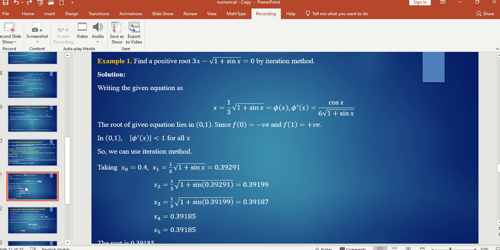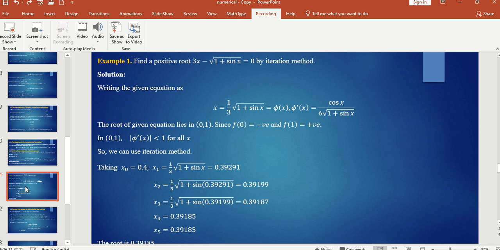First write the given equation as 3x equal to root of 1 plus sin x, or x equal to 1 by 3 into root of 1 plus sin x. Now consider this as phi of x. Now we have to check the condition of convergence. For that we differentiate once, so phi dash of x equals cos x divided by 6 into root of 1 plus sin x.